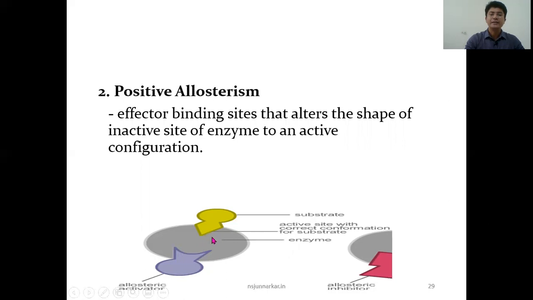So the substrate finds it very easy to bind to the enzyme, which is already bound by the positive modulator, or the activator molecule. The activator molecule binds to the allosteric site and makes it easier for the substrate to bind to the enzyme. That is how allosteric activators can increase the activity of the enzyme.